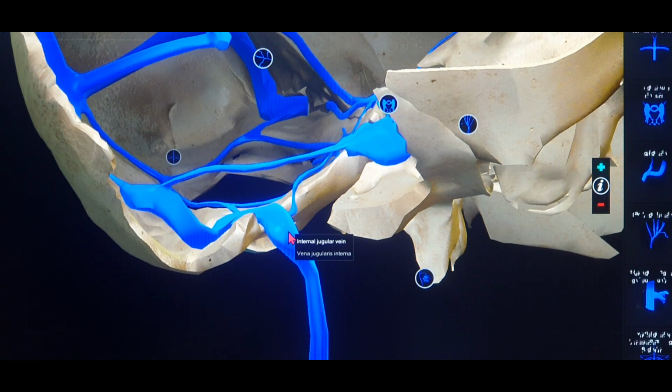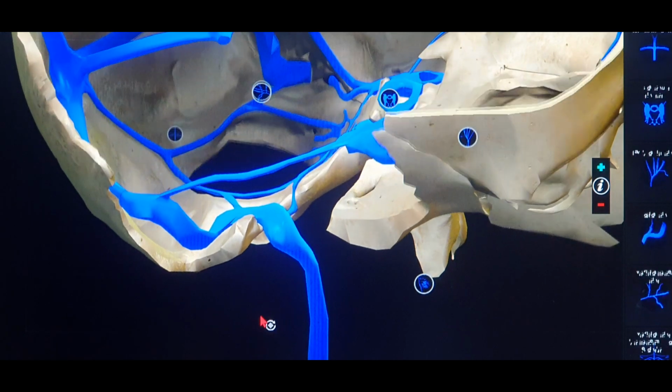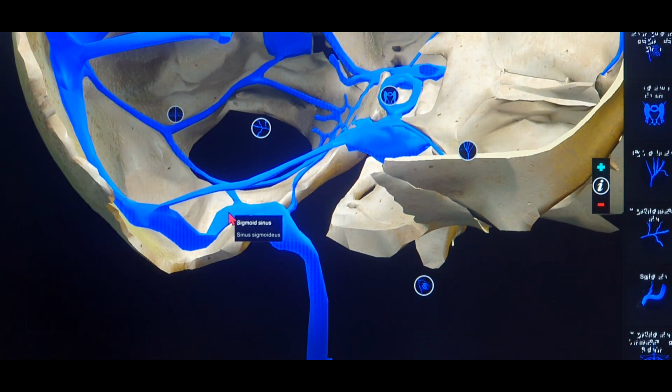I just added the internal jugular vein here, and as you can see over here, the sigmoid sinus has a direct entry into the internal jugular vein. See the labeling here: sigmoid sinus so far here, and then the internal jugular vein directly starts. Now, the area you can see over here is actually the jugular bulb.